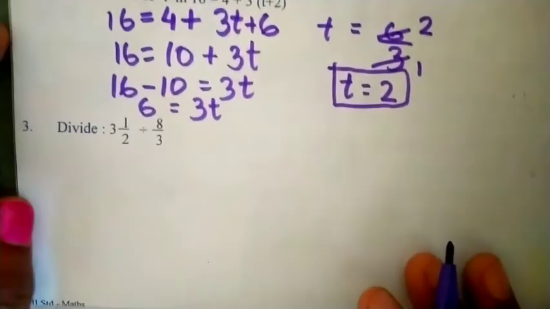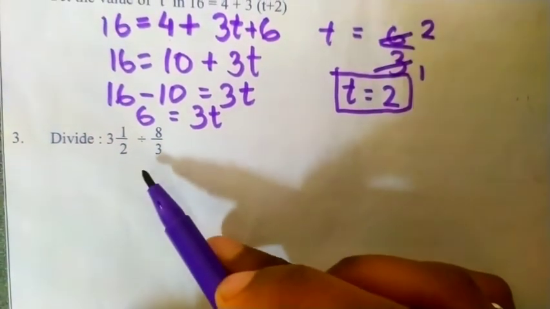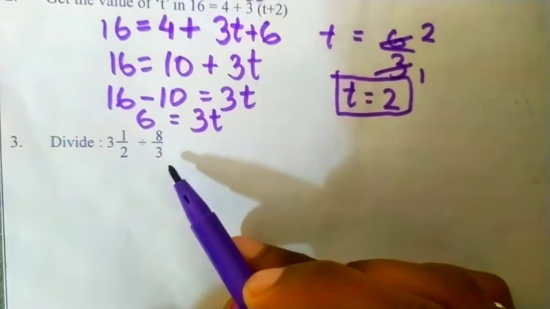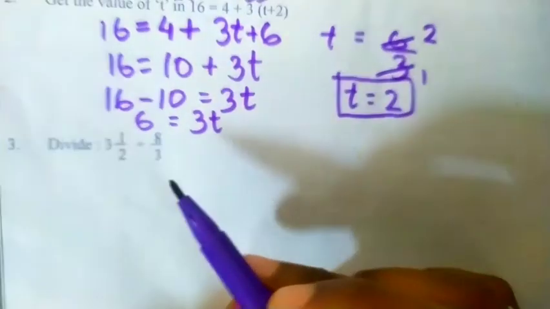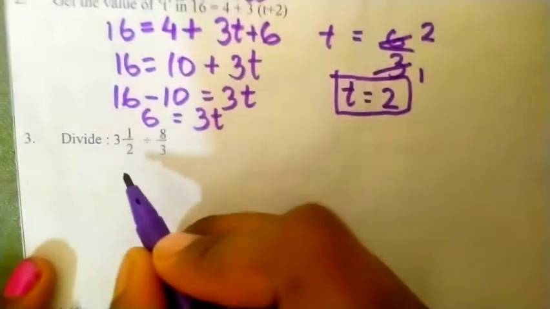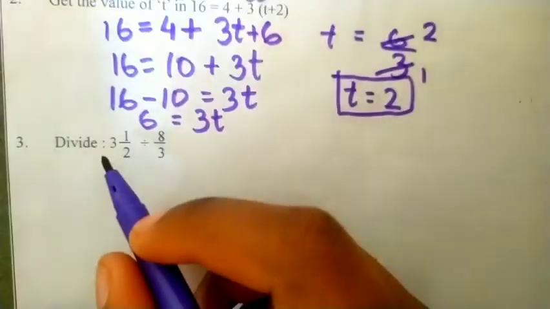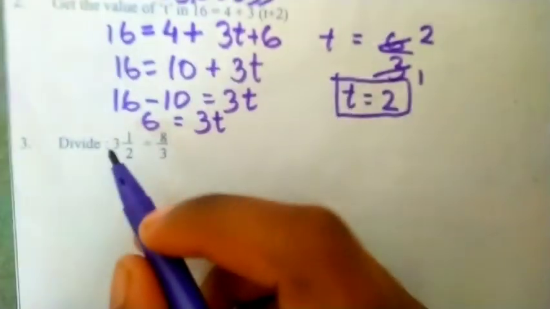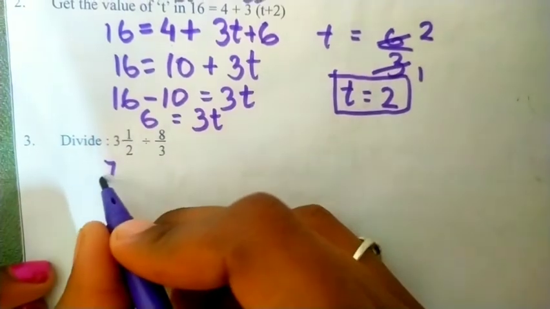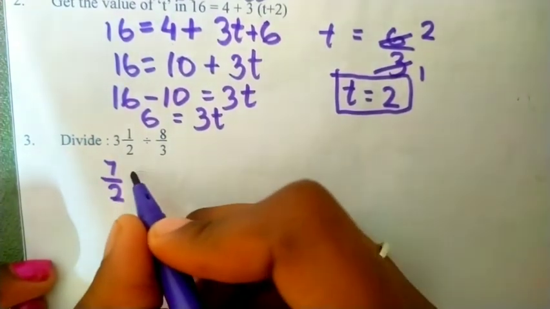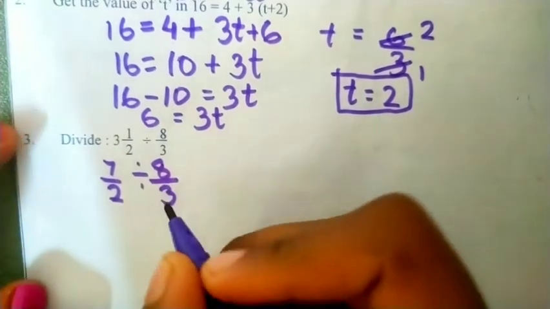Now let's go to the last sum, that is divide 3 1 by 2 by 8 by 3. Now let's do it. 2 3s are 6, 6 plus 1 is 7. 7 by 2 divided by 8 by 3.